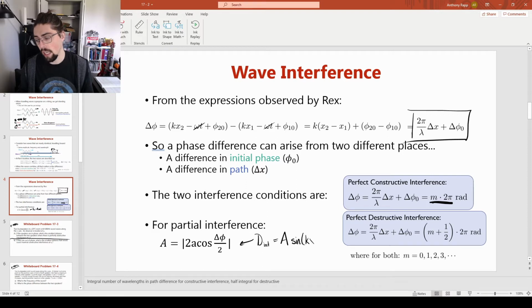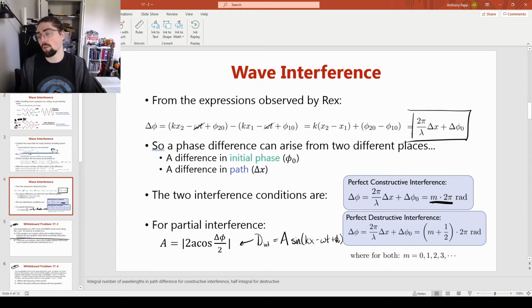Sine of kx minus omega t plus phase constant. And it's going to be kind of an average of all those other values in between. So the x position will be like halfway in between each of these things, the phase constant halfway in between these things. All of these are essentially taking the middle route of each of these because each wave is contributing its own little tiny bit of this thing. So the actual interfered wave is actually split right down the middle with it.